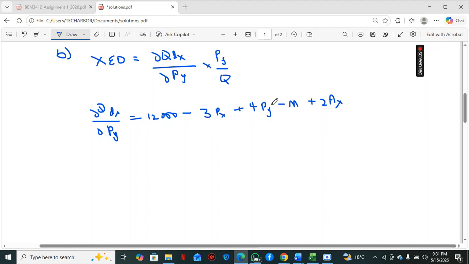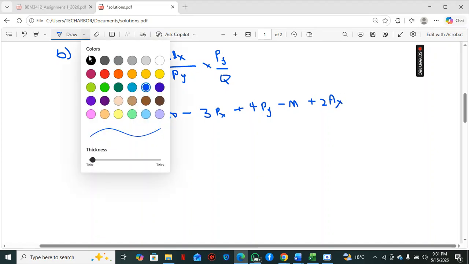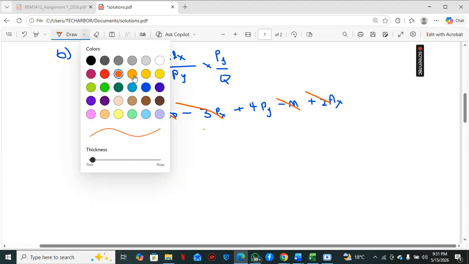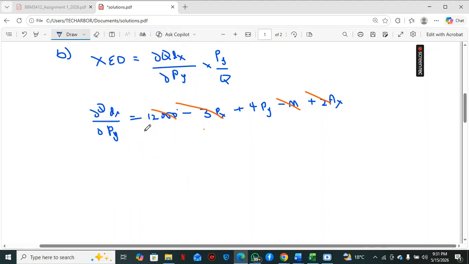So what it means is we're deriving this demand function with respect to py, meaning anything that doesn't have a py disappears. You don't regard it. Okay. So one trick you can remember for this, whenever you're deriving such functions, since here we're deriving 4py, just remove the py and your answer is 4.